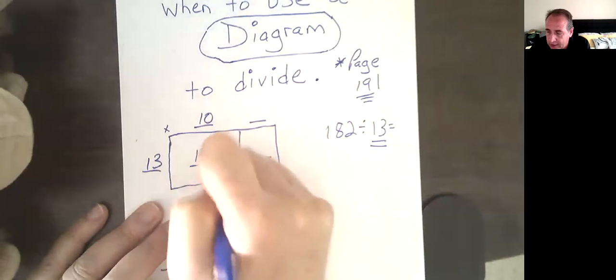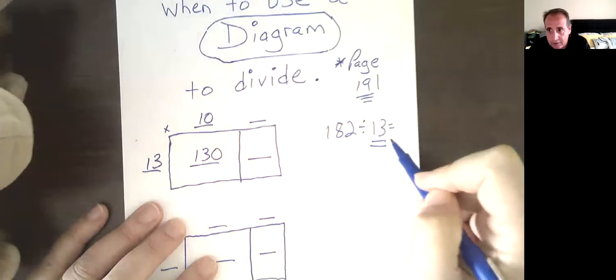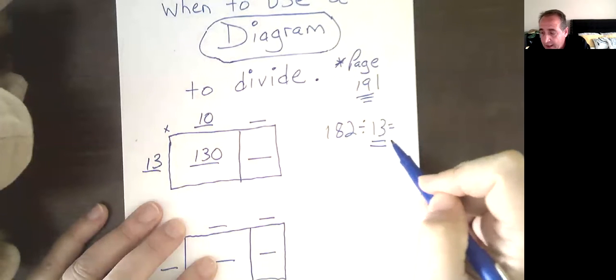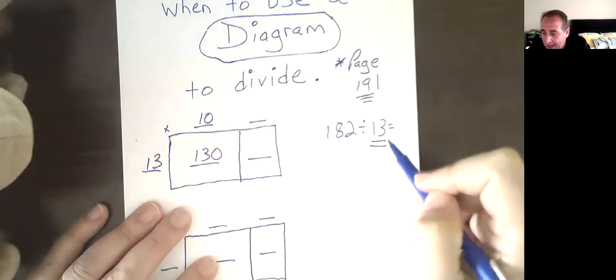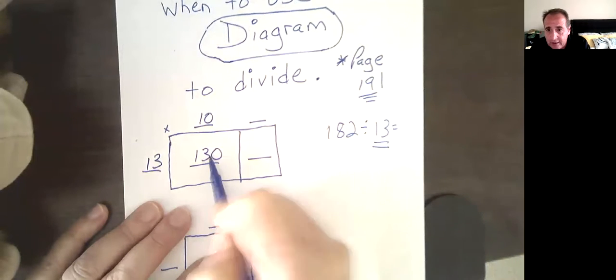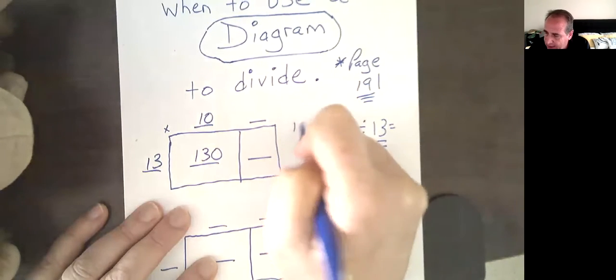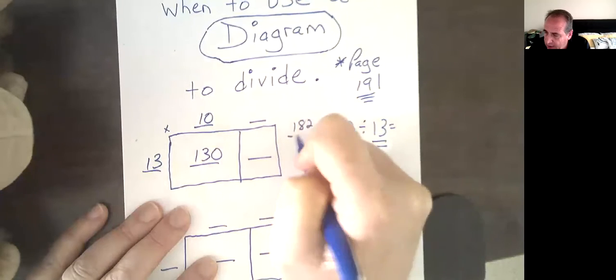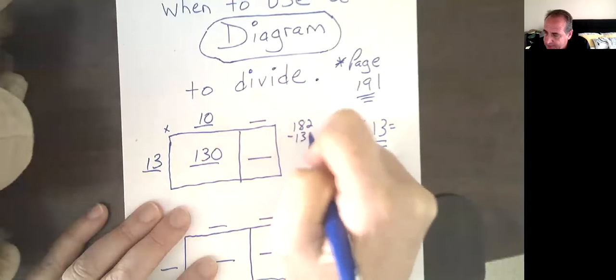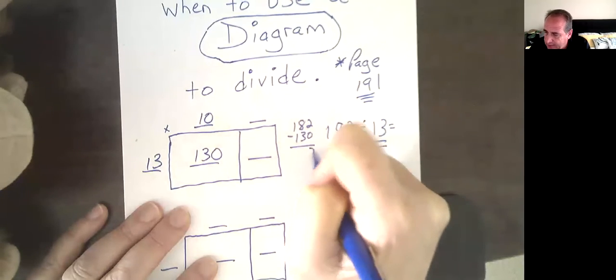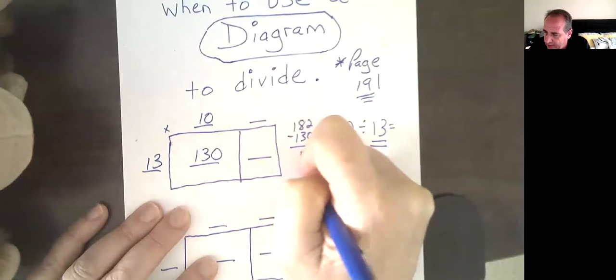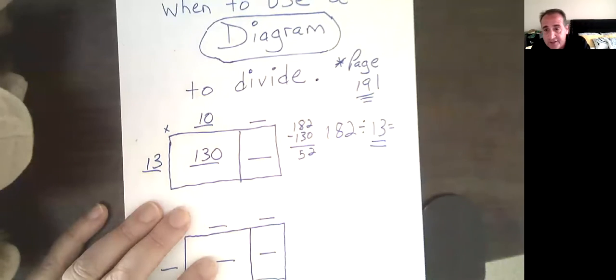Then you have to subtract the 130 from the dividend. So that's 182 take away 130. There's no regrouping here. That'd be 50, so it's 52.